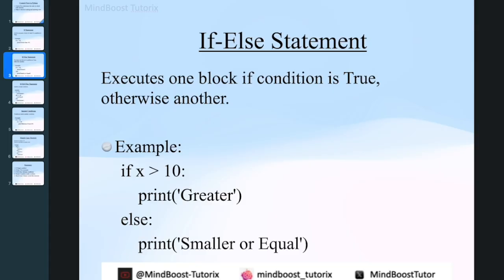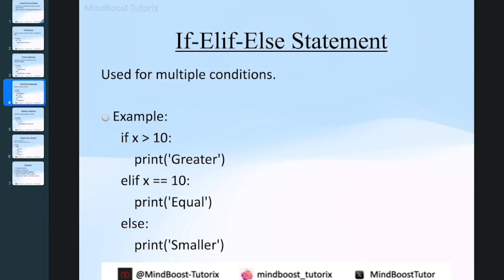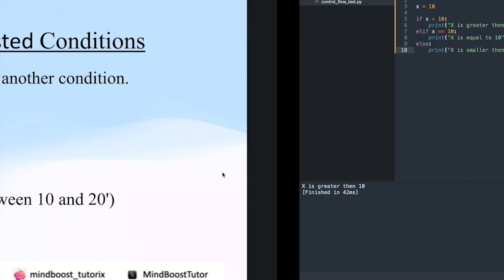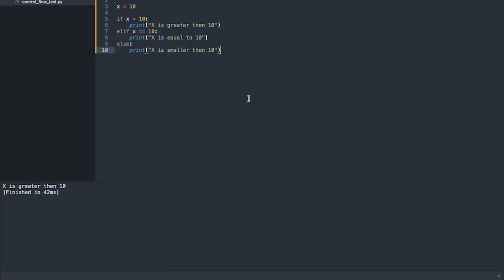So we have done elif, or if else, if elif else, and nested if. So we are going to check our nested condition with the same example. So suppose we have a value of x is 10. As of now, we can go with the 10.